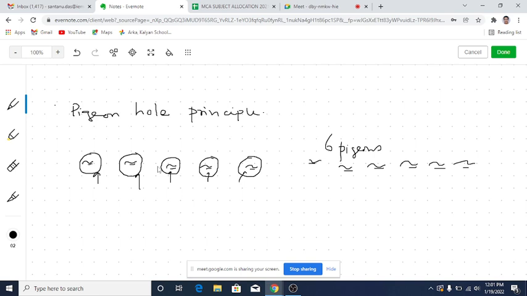Yes, sir. Similarly, we can use this with postcards and envelopes also. Say for example, there are 6 envelopes and there are 7 postcards.